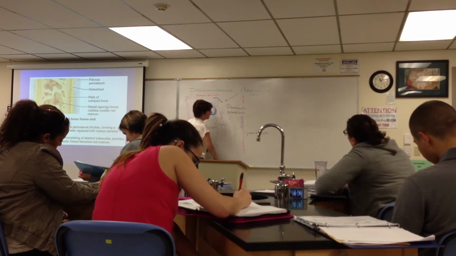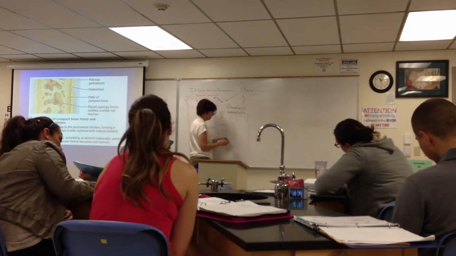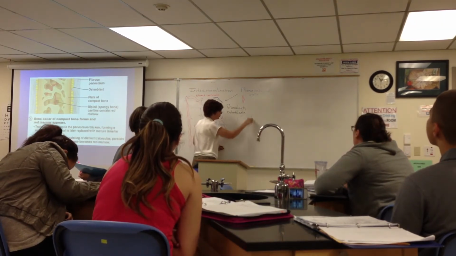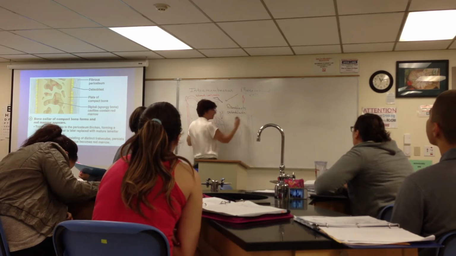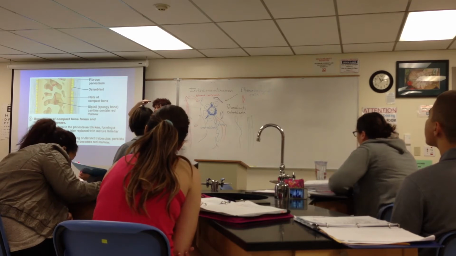And then as we lay new bone down, this will move out. Then osteoclasts will remove this, and we'll lay down new bone, and so that flat bone is going to get thicker in this direction.